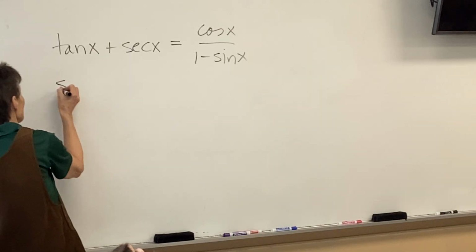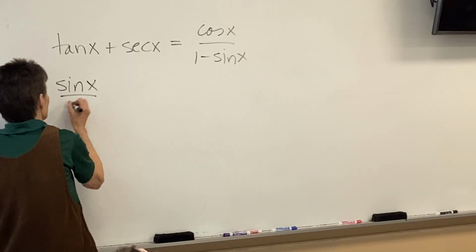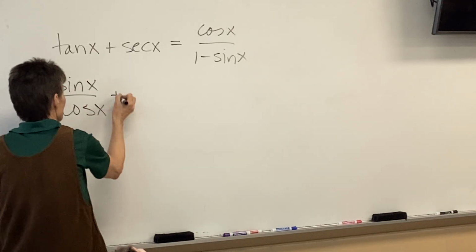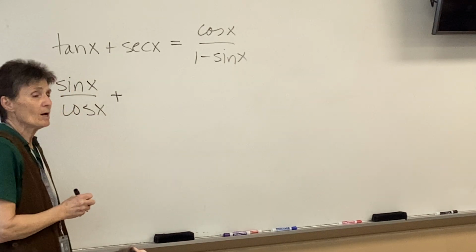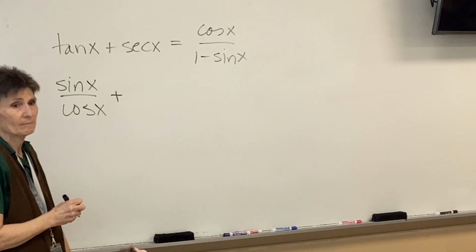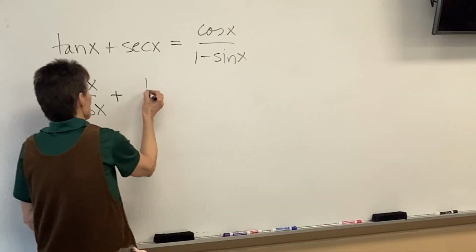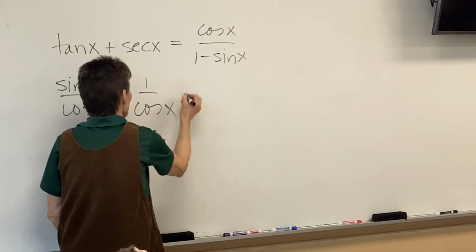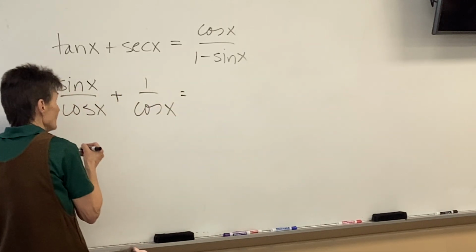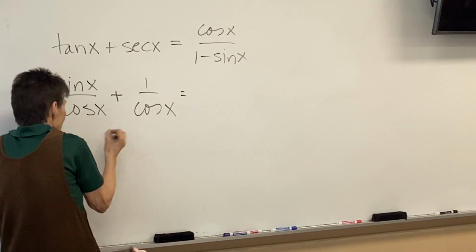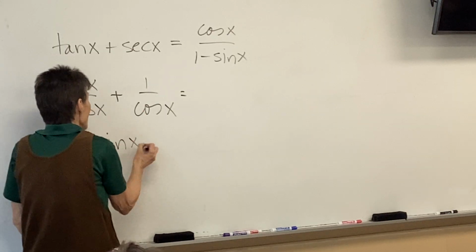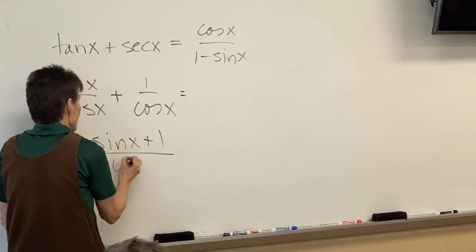Tangent is sine over cosine. And what do we know about secant? 1 over cosine. Well, that worked out great because I can add them. They have a common denominator already, and I can add them.